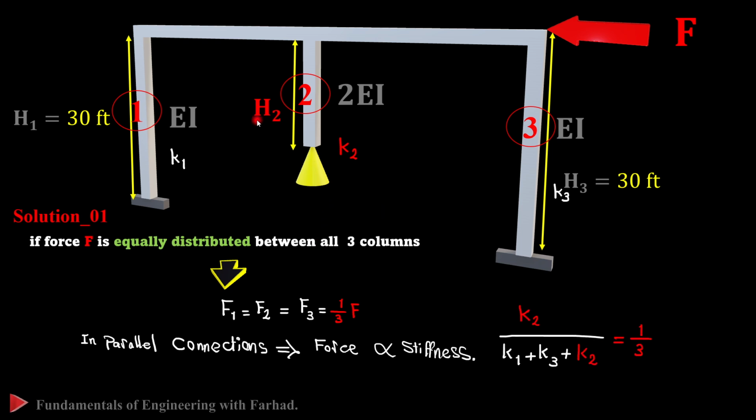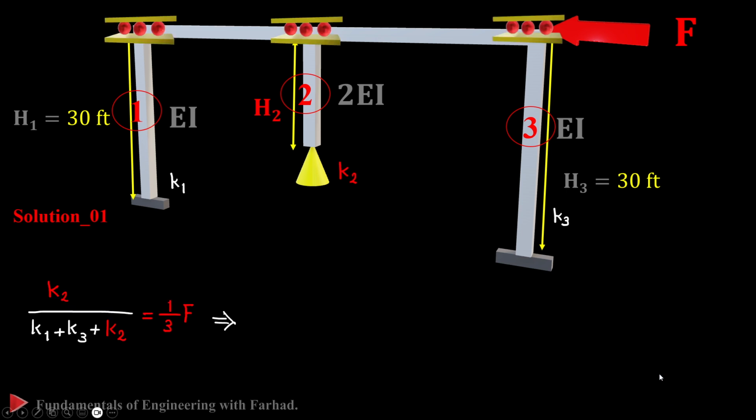If we want to calculate H2, the stiffness of the second column to the total stiffness is equal to the share of the second column, which is 1/3 of the force, to the total force. Now we need to calculate the stiffness.